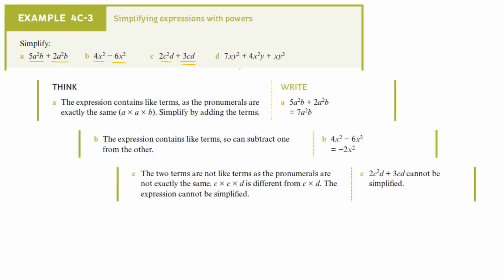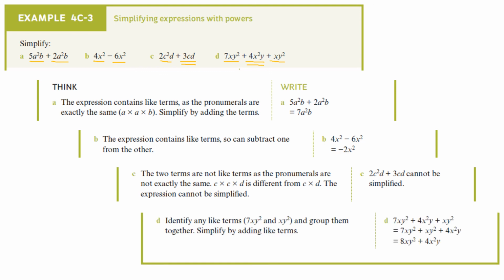This x is on its own, so they may possibly match. Now I need to find if I've got a y squared anywhere. This y is on its own. Already we said they didn't match anyway. But here I have a y squared again. So these two are like. This one here in the middle is on its own.